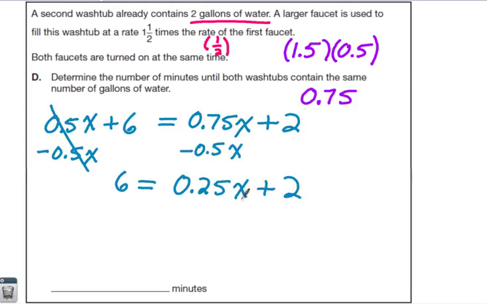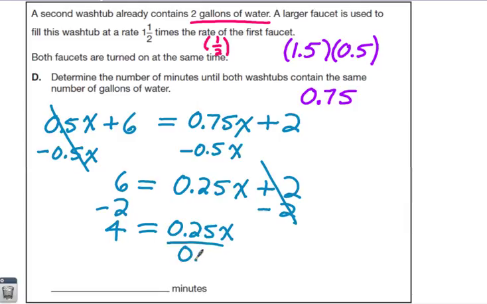Now I want that x to be the only thing on that right side, so I'm going to undo the plus 2 to get that out of there. So now we have 0.25x by itself, and over here we now have 4. And now we're going to divide both sides by 0.25. And I think we're going to get 16.